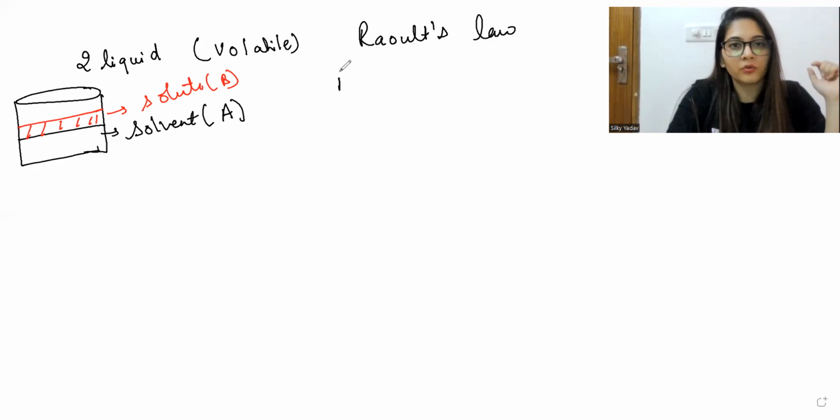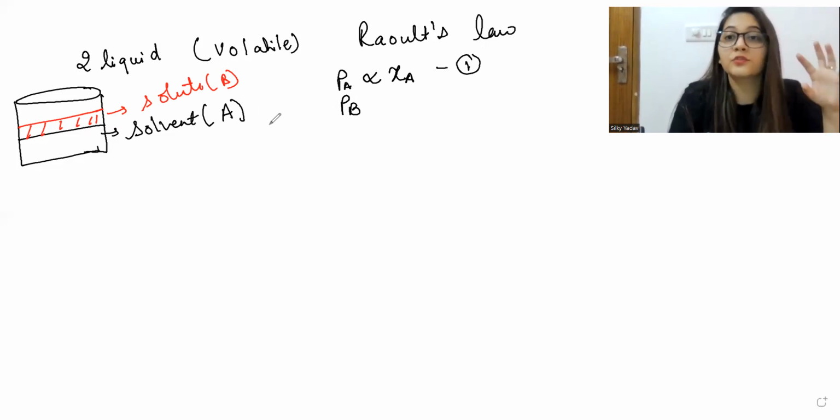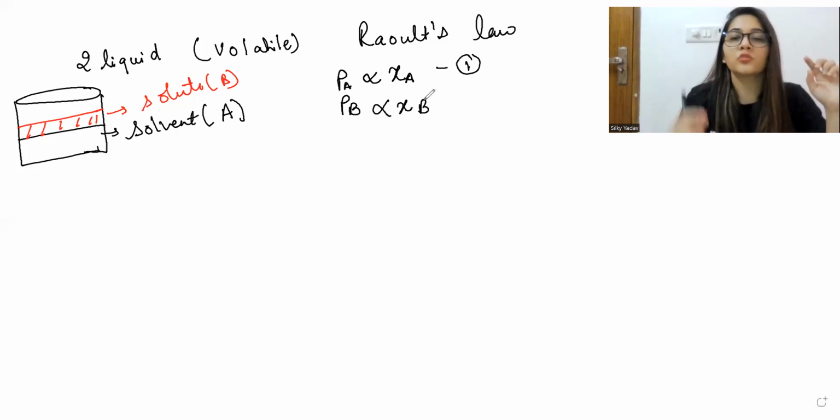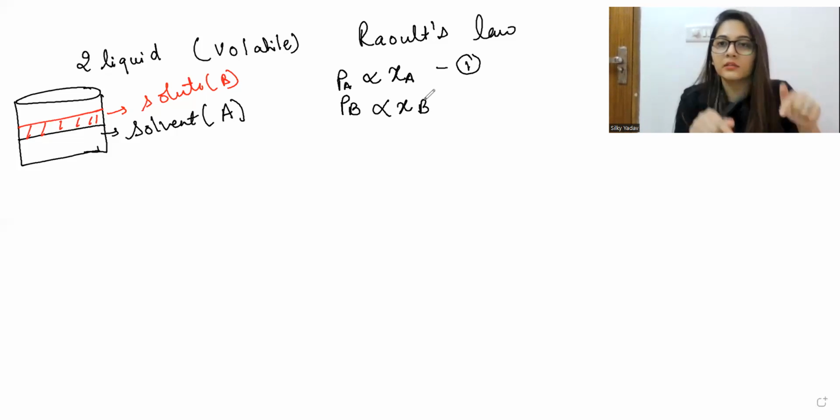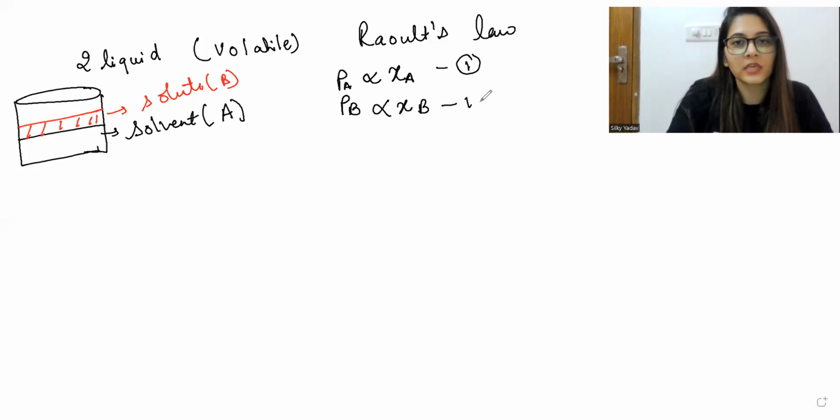So the pressure because of the solvent A is directly proportional to the mole fraction of A, right? That is the solvent. So this is the first one. And for B, the solute, the vapor pressure because of the solute will also be directly proportional to the mole fraction of that solute present inside the solution, right? So this is the second equation.